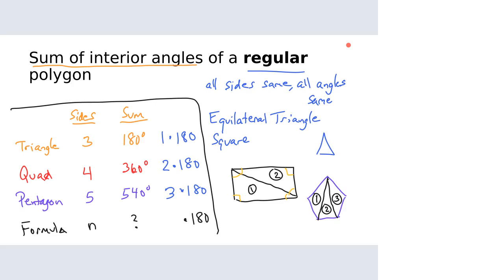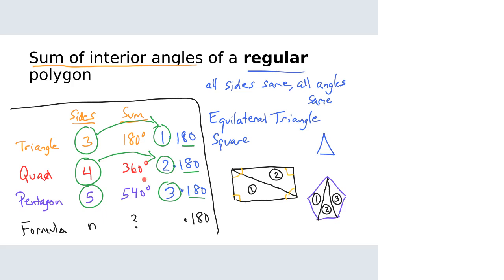That's excellent, Lorraine. I maybe could have steered you a little bit more, but Lorraine got it. It was excellent. If we look at this, when I had 3 sides, I multiplied 1 times 180. When I had 4 sides, I multiplied 2 times 180. When I had 5 sides, I multiplied 3 times 180. So however many sides I have, if we subtract 2, that'll give us the number that we want to multiply by 180.